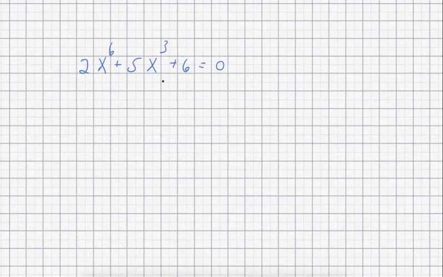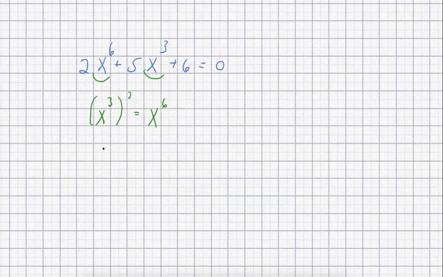So you can do that because x to the power of 6 is actually x to the power of 3 times itself. So x to the power of 3, if you square it, you get x to the power of 6. Is that clear?